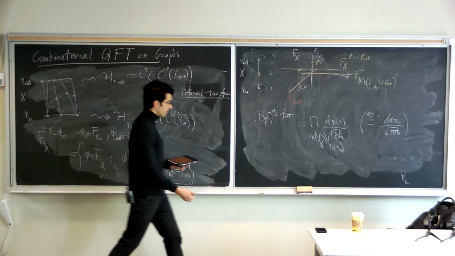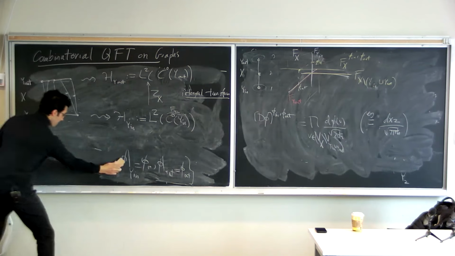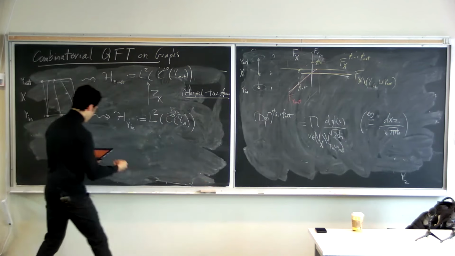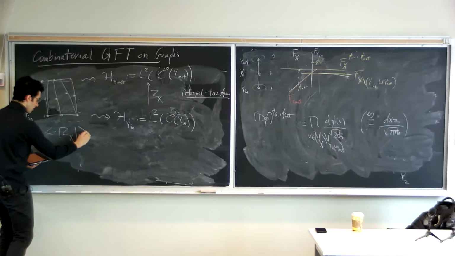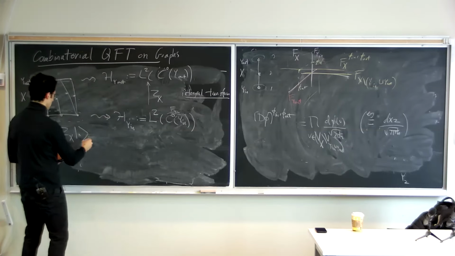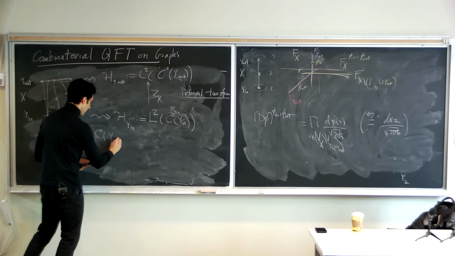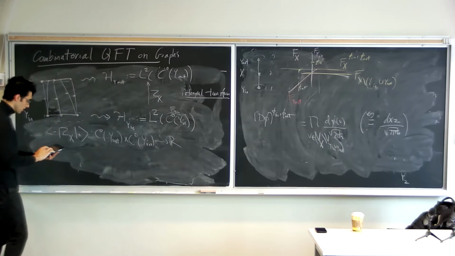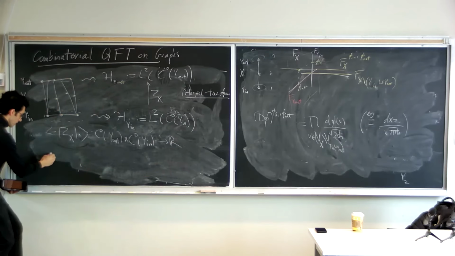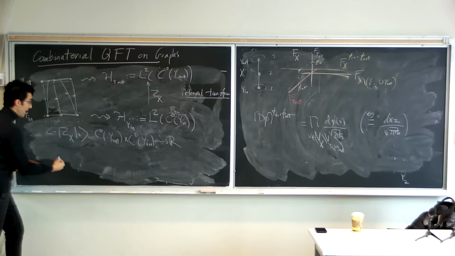And now I want to tell you about the integral kernel for this integral transform. The integral kernel is going to be a function. I'll use the physicist notation. This is the integral kernel for that operator. You see it has two inputs. It goes from C0 of Y_out to R. And we define it, which is a part of the genius of Feynman and Dirac, as a path integral.